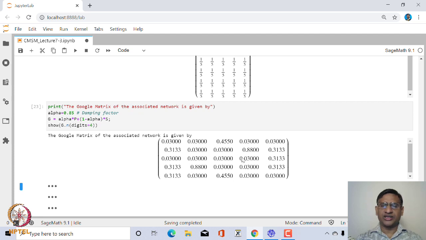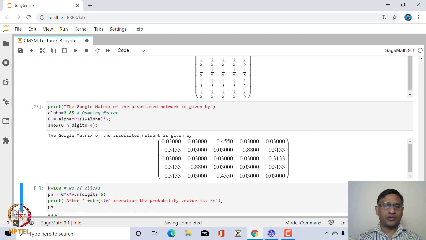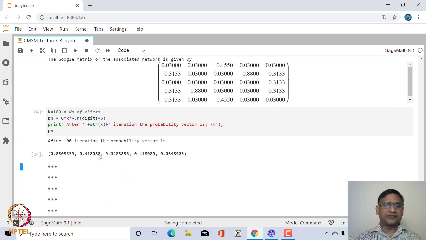Now you can see here there is no 0 column. If I look at what happens after, let us say, 100 clicks, you will not get this 0. Of course, in this case you can see the probability of being at web page 2 is high, and also at 4 is high compared to others.